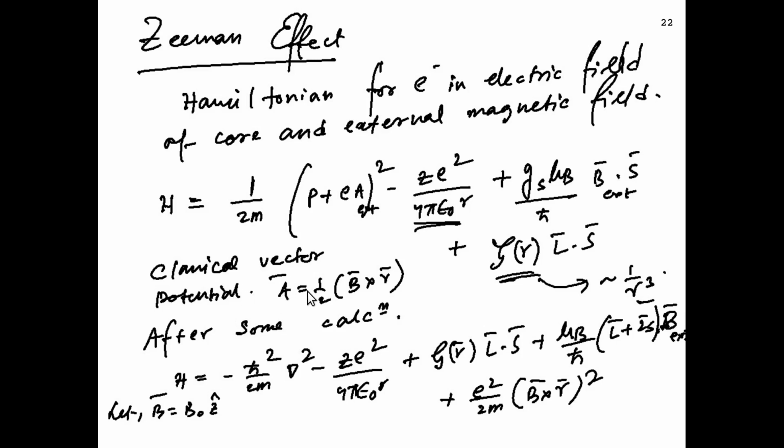So from here we can proceed by writing the classic vector potential as A = (B cross r)/2, which is a form we can take for a uniform magnetic field, and when you plug that in, you get this form. You want to separate out the magnetic field term, so it becomes a simple H naught, which comes from the hydrogen atom problem, for Z equal to 1.